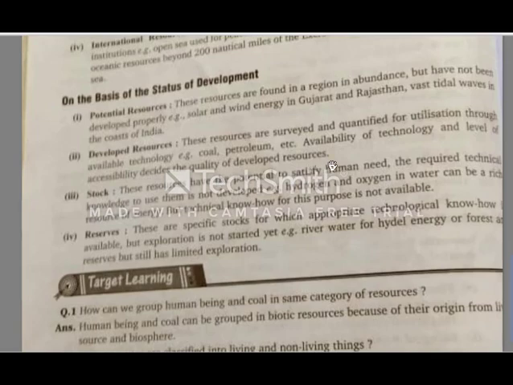It means these are resources for which we have proper technology to use them. We can fully use them, and we have the availability of technology so that we can access them, and it decides the quality of developed resources.